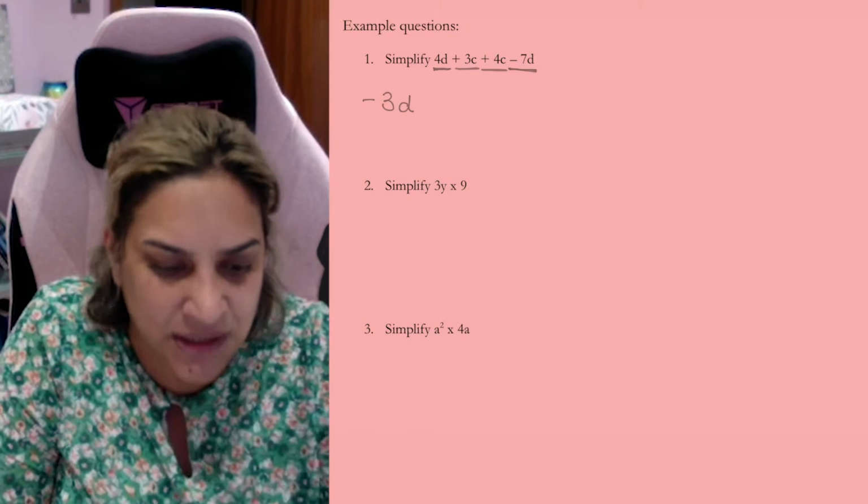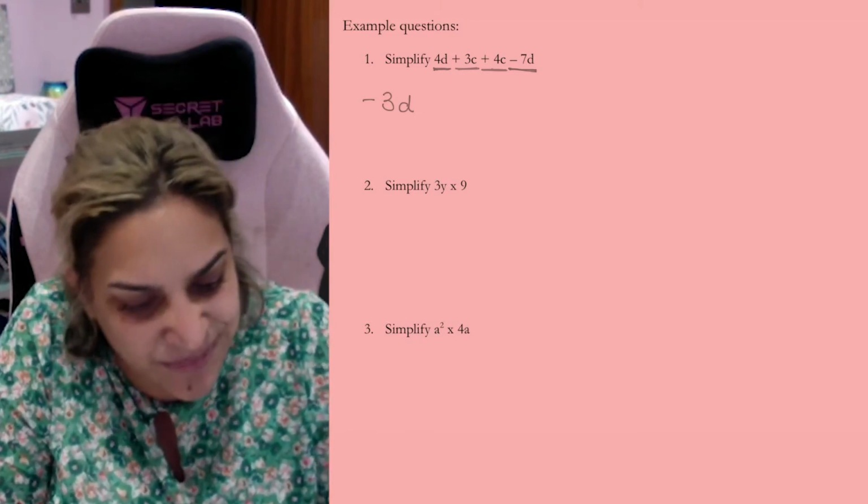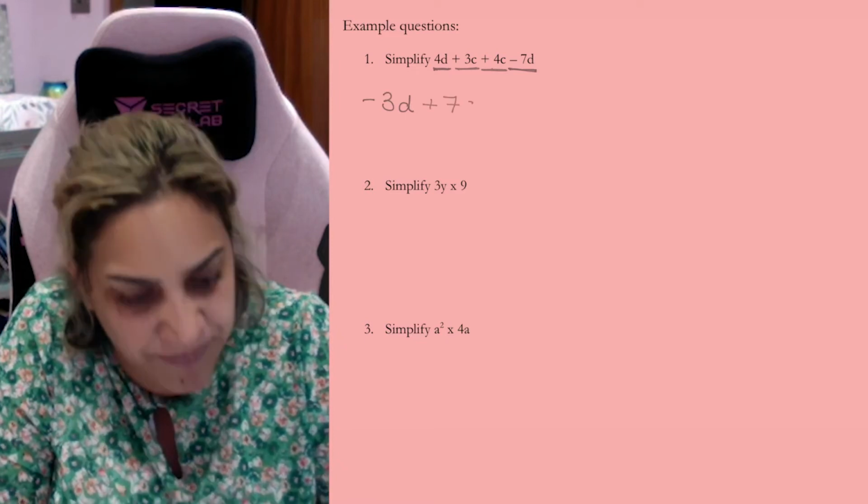That's easy. You take what's in front, they're both pluses. 3 plus 4 is 7, so plus 7C.